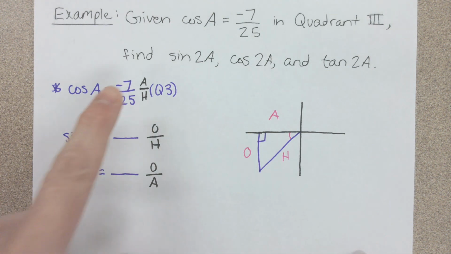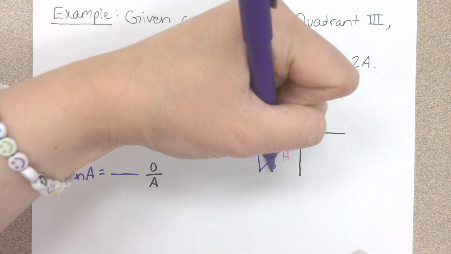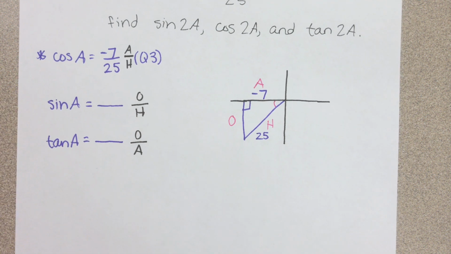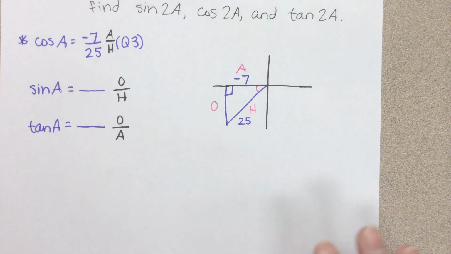All right, so we know that A is -7, and we know that H is 25. This is a right triangle. How do you find the missing side of a right triangle? What do you use? Pythagorean theorem, thank you. So we're going to do that to get our missing side here. A squared plus B squared equals C squared.